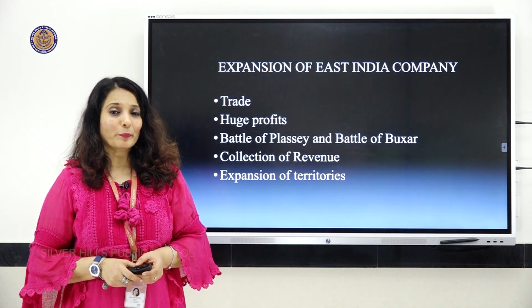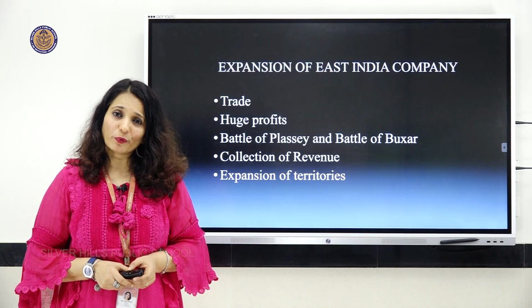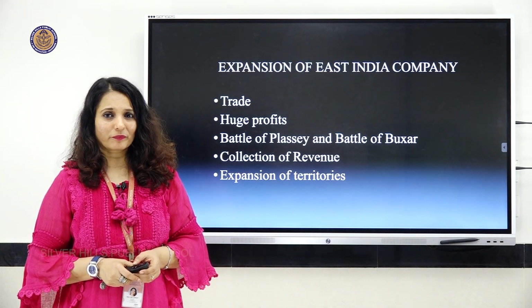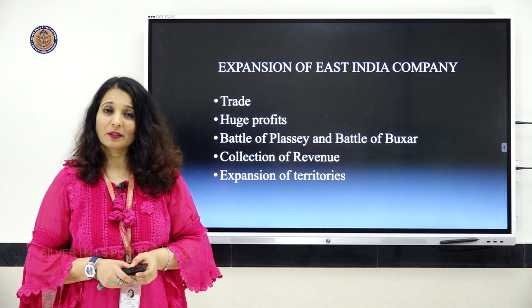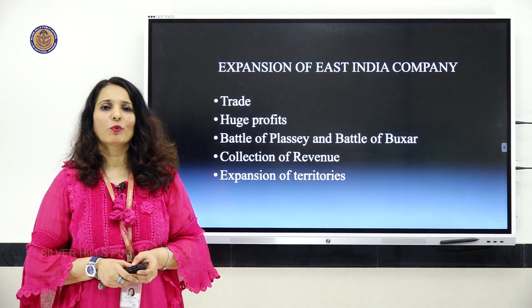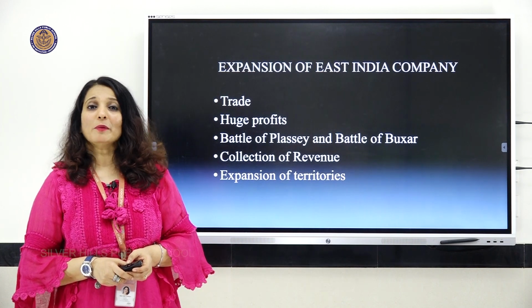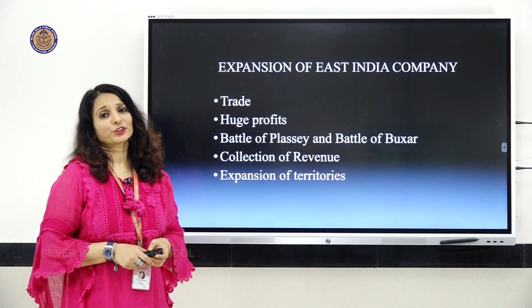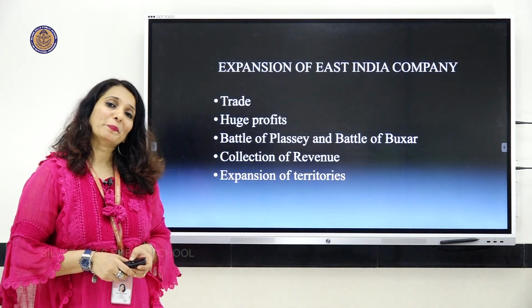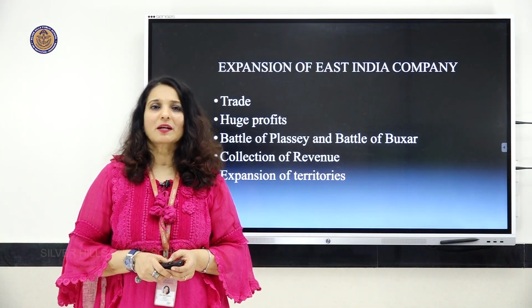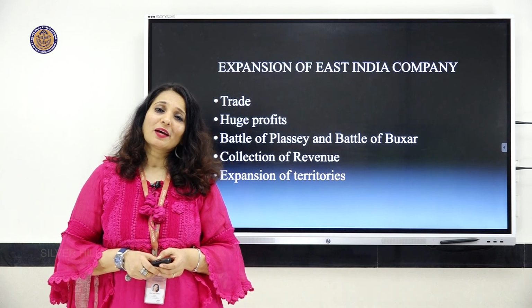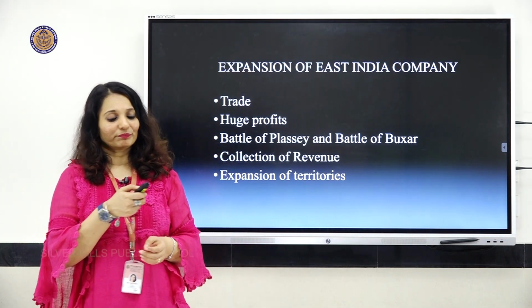So, again the British set its foot in our country. The Anglo-Maratha War, the Anglo-Sikh War, the Anglo-Mysore War also helped the East India Company of the British to set its pace in India. Slowly, the East India Company came to be known as the Government of India.